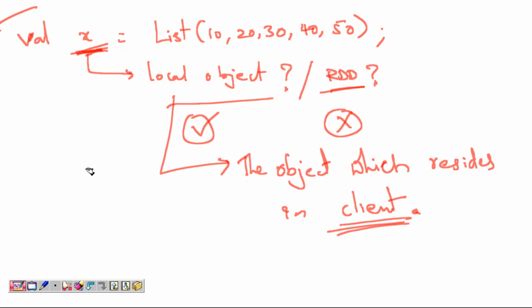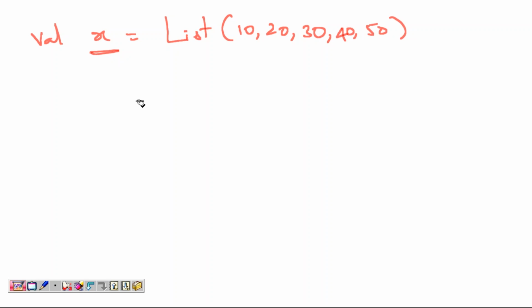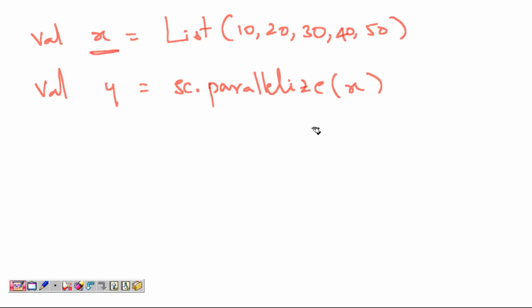I want to make this an RDD. How to make it an RDD? Just try to understand. Once again I am repeating: val x is equal to a list of 10, 20, 30, 40, 50. Now this is local. Val y is equal to sc.parallelize of this x.